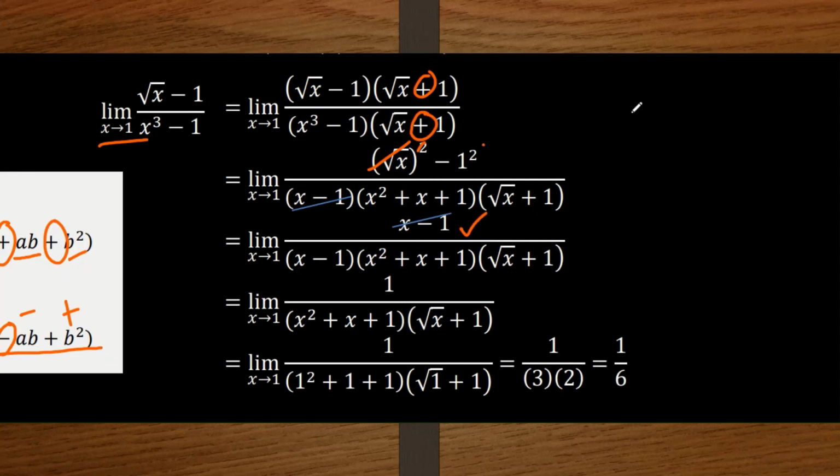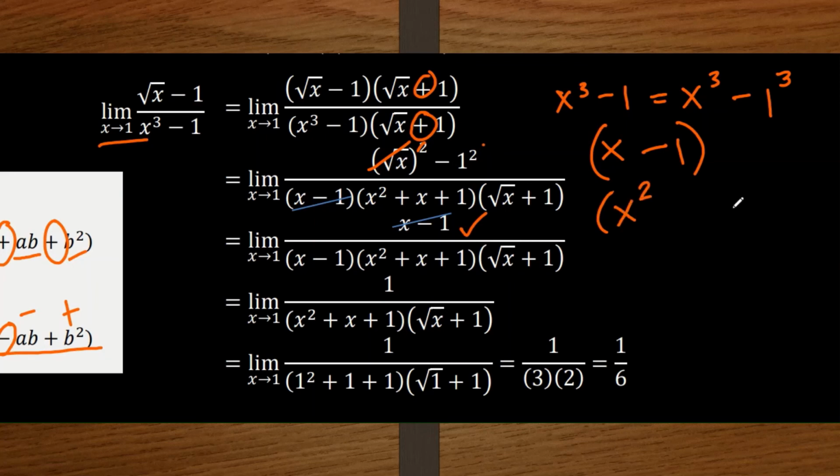Now this x minus 1 can be derived from x cubed minus 1. Take note that x cubed minus 1 is also equal to x cubed minus 1 cubed, the cube of 1. Now the base is x, the other base is 1. It follows that when you use subtraction there, then it is subtraction in the first factor. Square the first term, which is x.